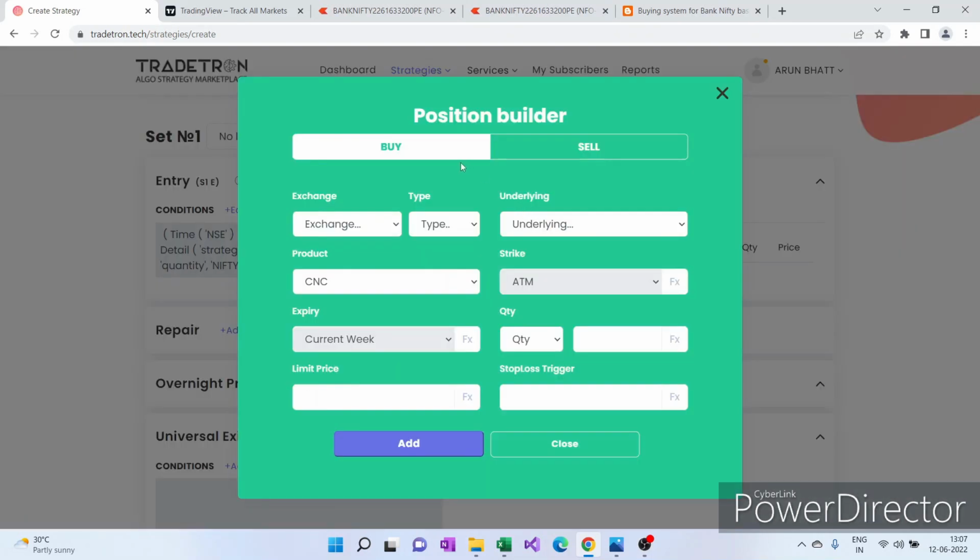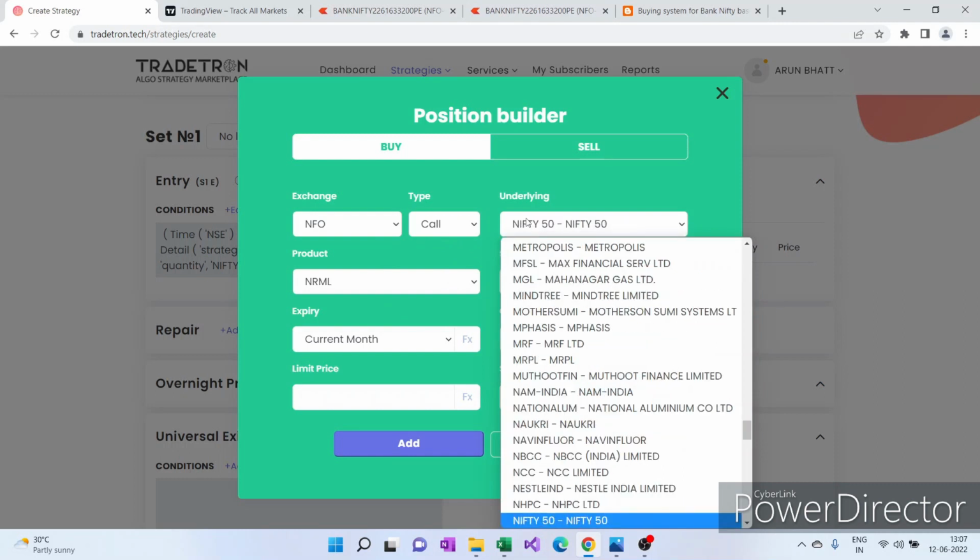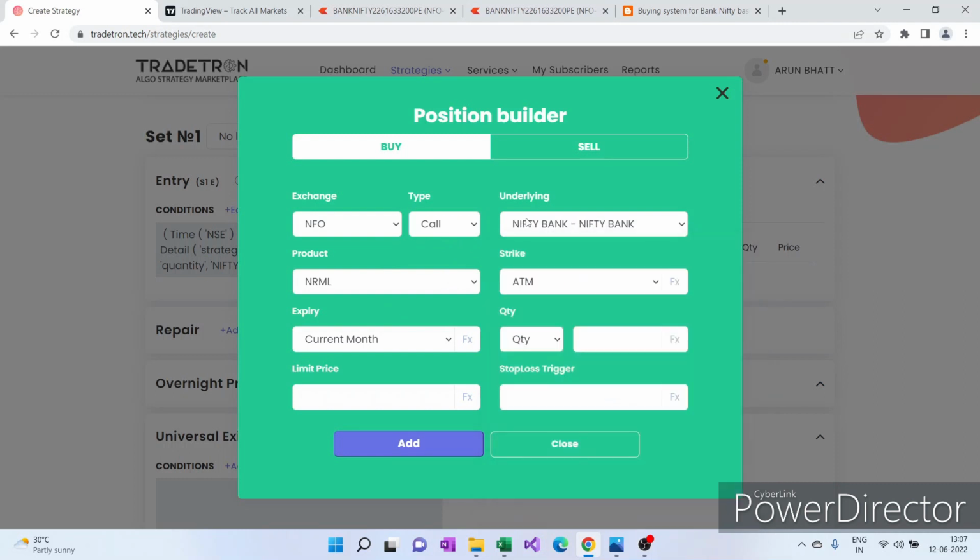Now we'll be buying the options which are near to the 50. So first, let's say leg one is for call and underlying is Bank Nifty, and we can do whatever we like, normal or MIS. I'm choosing MIS, and it is a weekly option lot.